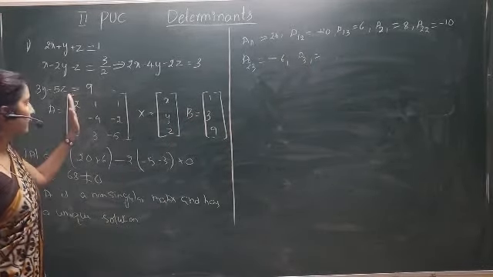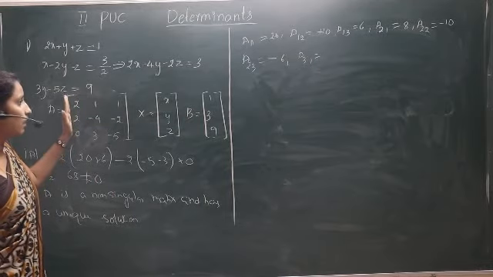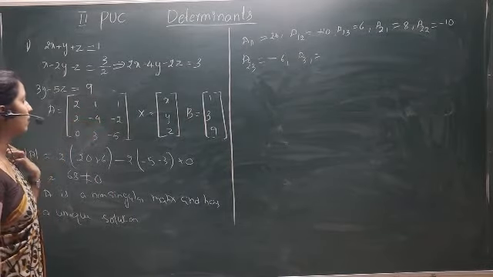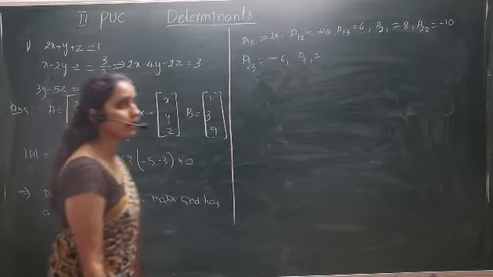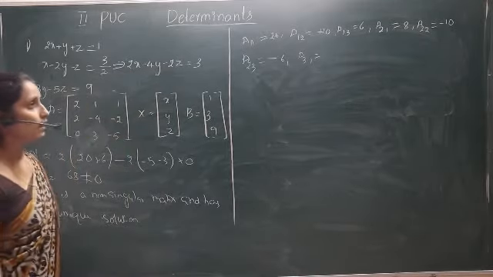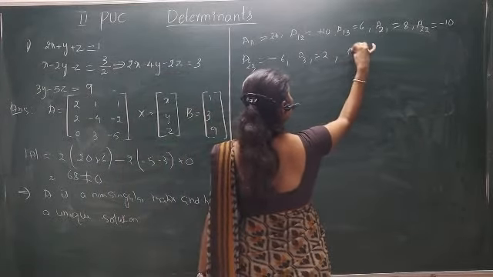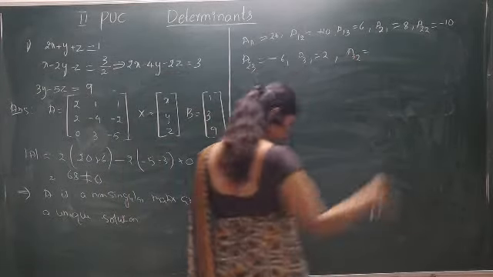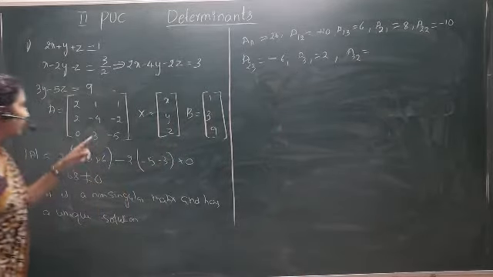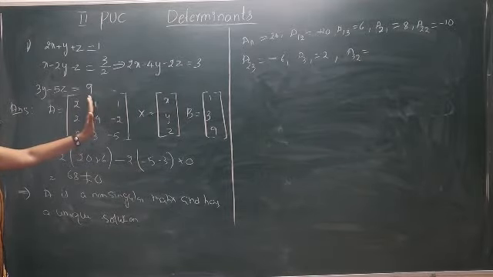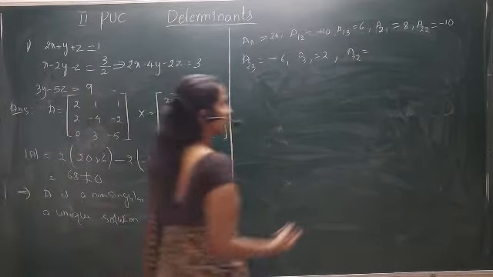A31, deleting third row and first column, we get minus 2 plus 4, so it is plus 2. A32 will be deleting this and this, we get minus 4 minus 2, minus 6, so that is plus 6.